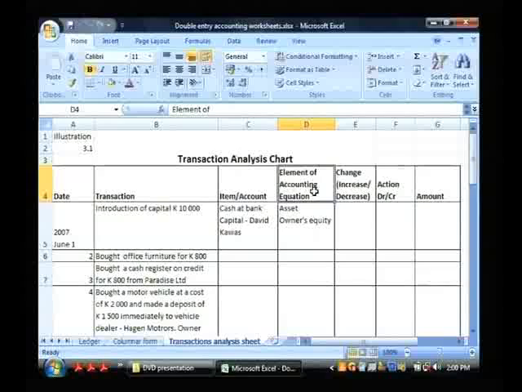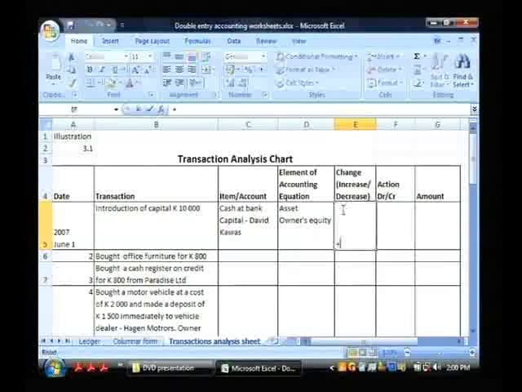Elements of accounting equation means assets, liabilities and owner's equity. Change: when the owner introduces capital, the cash asset will increase.